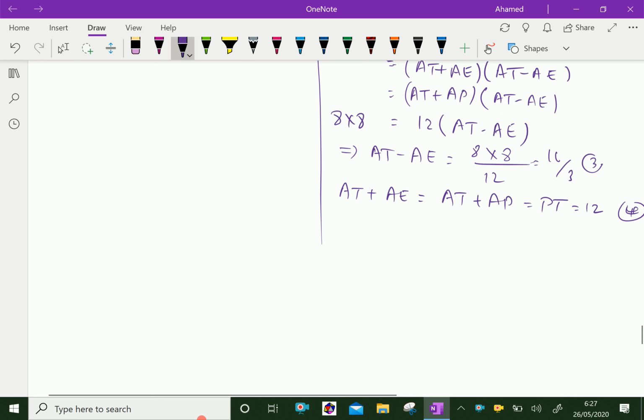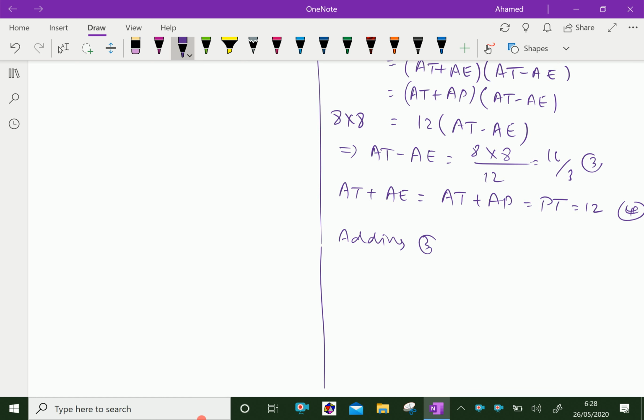Now adding equations 3 and 4: 2AT, because AT minus AE plus AT plus AE equals 16 by 3 plus 12. 16 by 3 is the right side of equation 3, and 12 is the right side of equation 4.